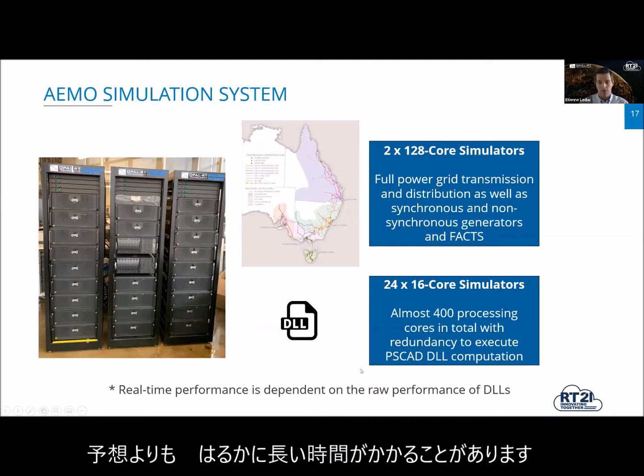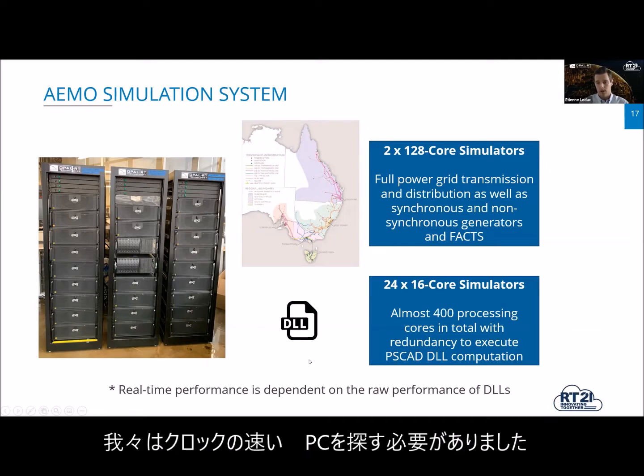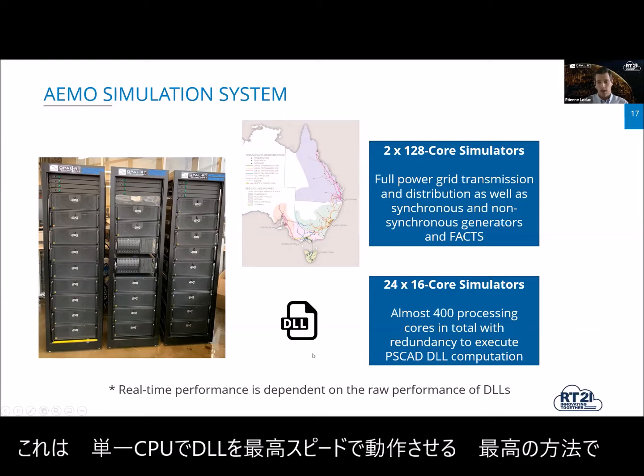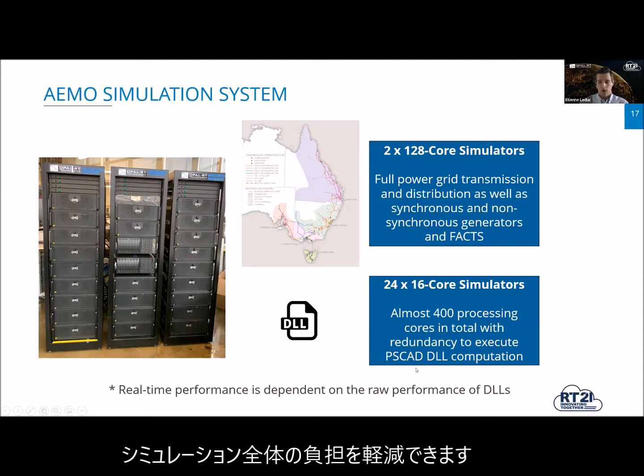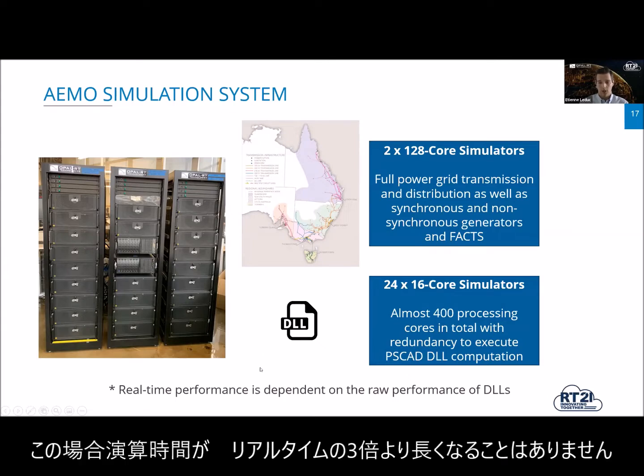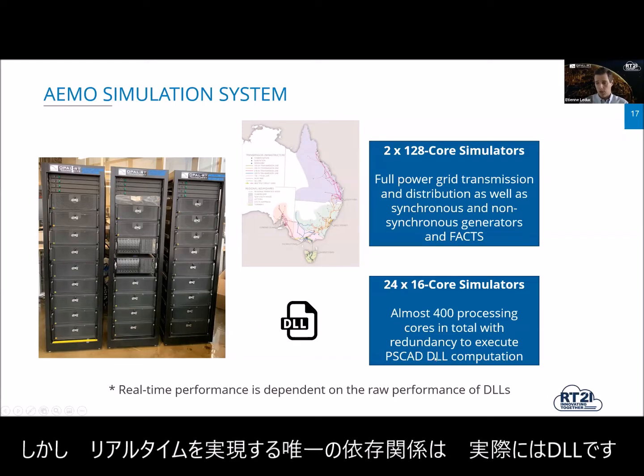So we really needed to find PCs with a very high clock speed, best for single-thread processing, to have DLLs run at the fastest speed possible and reduce the global burden of the simulation, so that we can achieve, in this case, no slower than 3 times real time. But the only dependency to achieve real time is actually the DLLs.